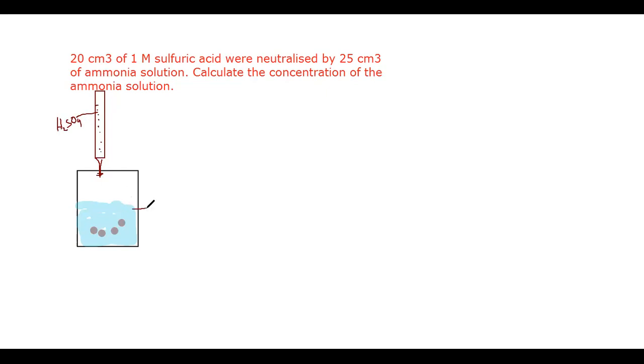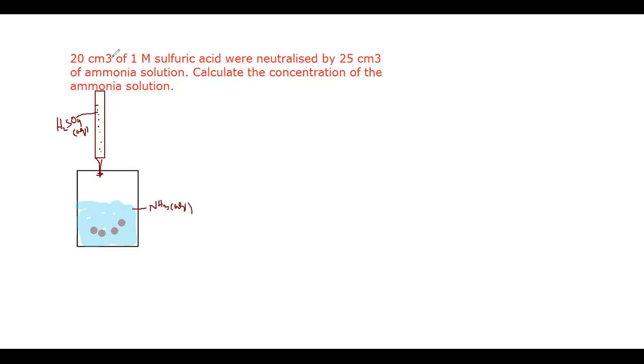The beaker keeps the ammonia solution, that is NH3. Ammonia solution means aqueous ammonia. I'm using the term aq here, and the burette keeps the sulfuric acid solution, which is aqueous sulfuric acid.